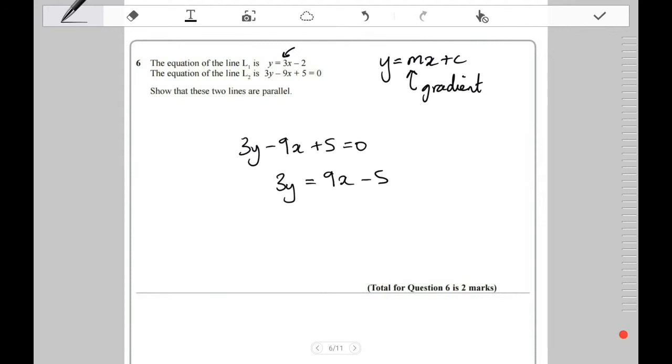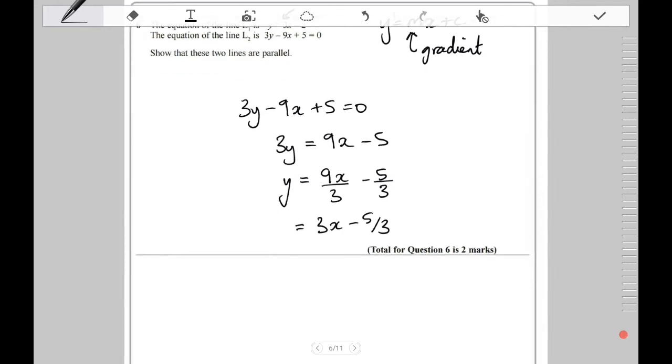I've skipped a step here. I just took everything to the right hand side. Then I divide both sides by 3. I end up with y on its own on the left hand side and 9x over 3 minus 5 over 3, which simplifies to 3x minus 5 over 3.